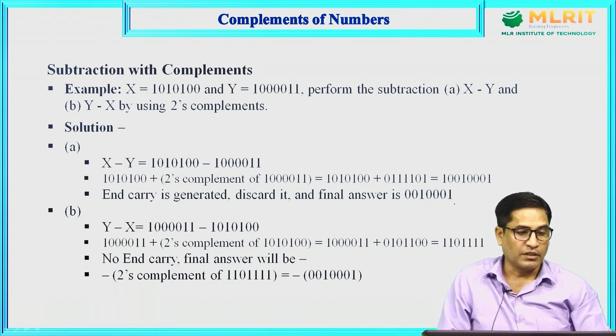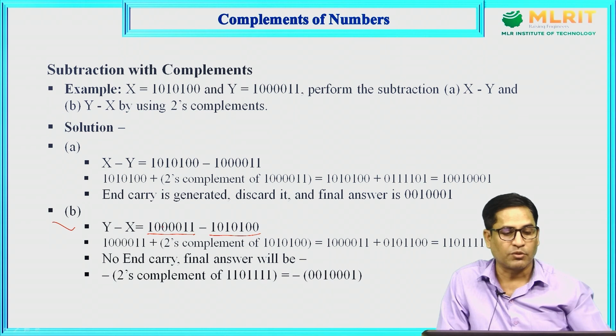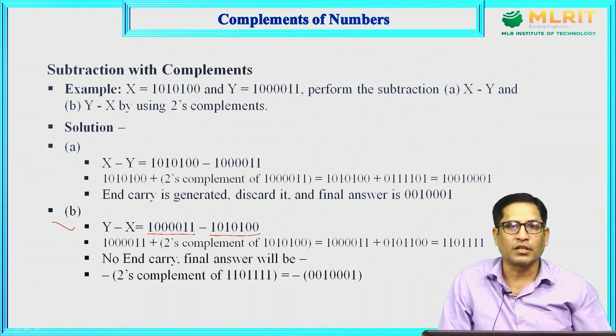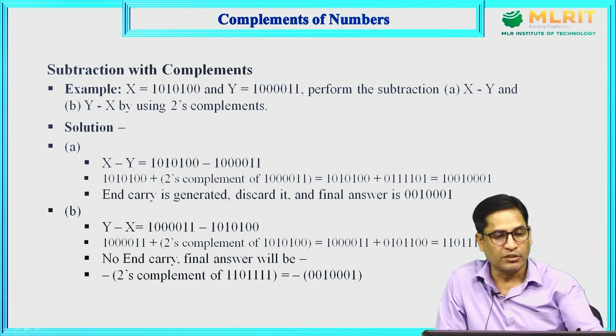In the second case, we start with x and y, but here we perform y minus x. Both numbers have the same number of digits, so we don't have to bother about equalizing them. This time we have to take the 2's complement of the number x, which is 1, 0, 1, 0, 1, 0, 0.